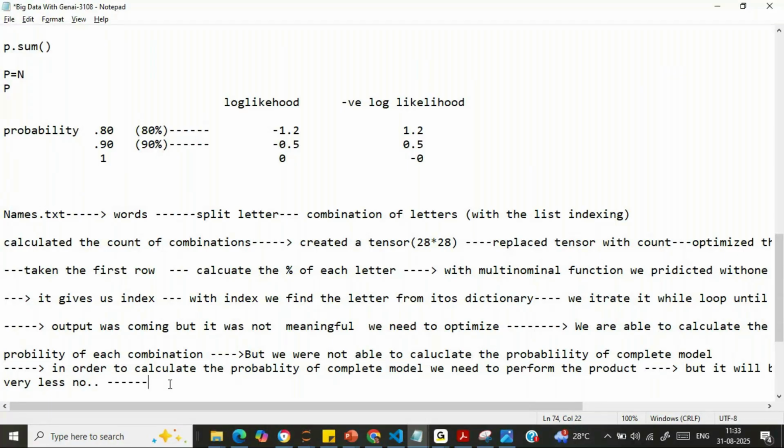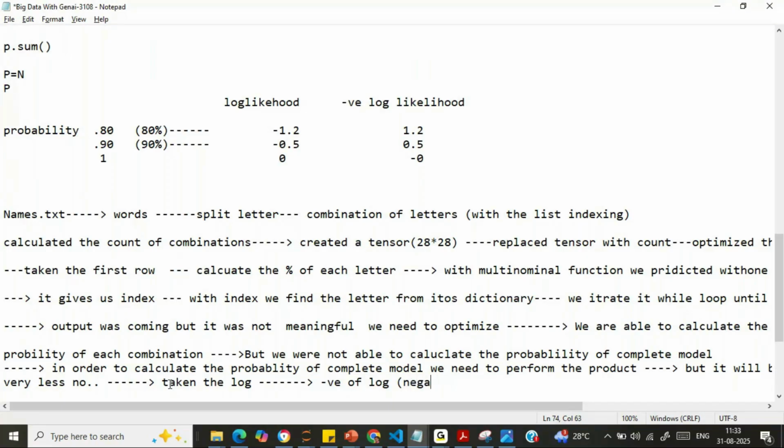So we have taken the log, and then taken the negative of the log, that is nothing but negative log likelihood, NLL.